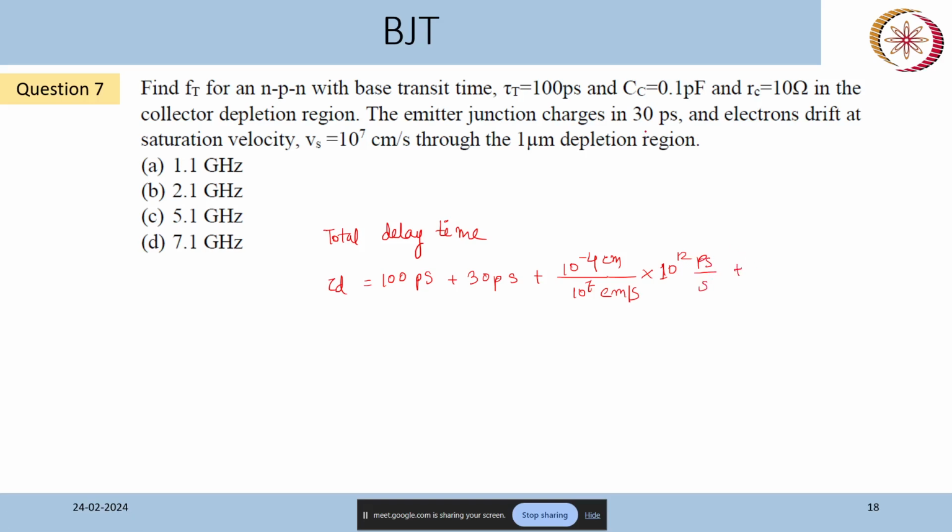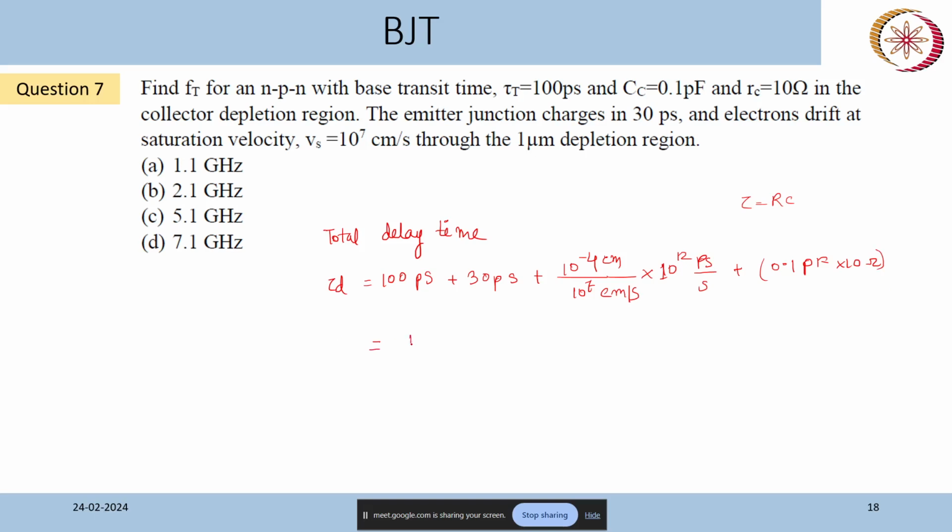Plus, in the collector region, what will be tau? We generally get tau by multiplying resistance and capacitance, so tau is R into C. Using this formula, multiplying 0.1 picofarad into 10 ohm will give us the delay here.